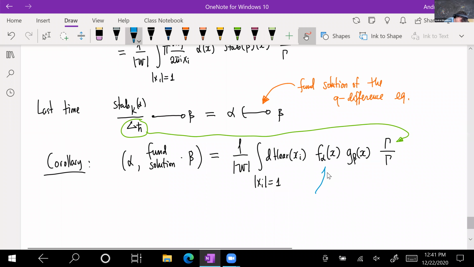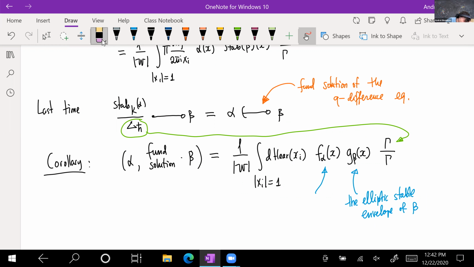But so this is, where this is the elliptic stable envelope of beta, and this is the K-theoretic stable envelope of alpha.